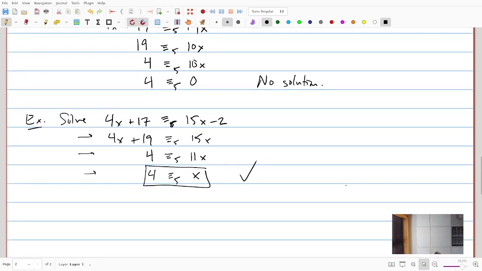Why would you want to solve equivalences like this, other than the fact that someone tells you to do it on homework? You might care about something like this. One place this comes up that we'll see is when you have multiple things that are going in cycles at different rates.